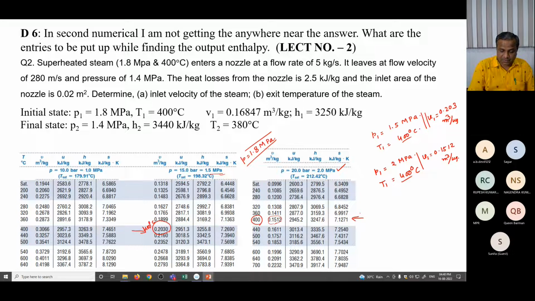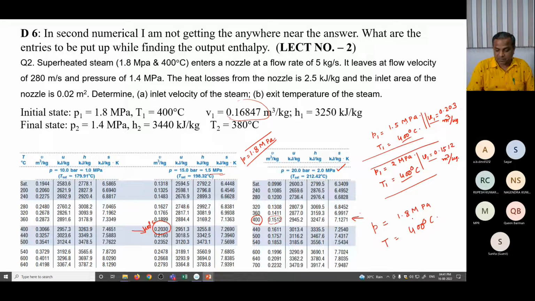These are the two values. But our actual data is P is 1.8 megapascal and T is 400 degrees centigrade. So that number should relatively lie between these two, and an intermediate number was taken here. You can find how far P is from 1.5 megapascal linearly, and how far P is below 2 megapascal linearly.